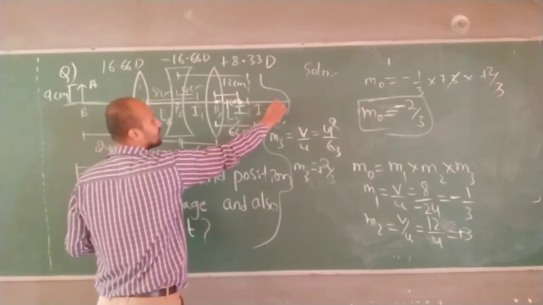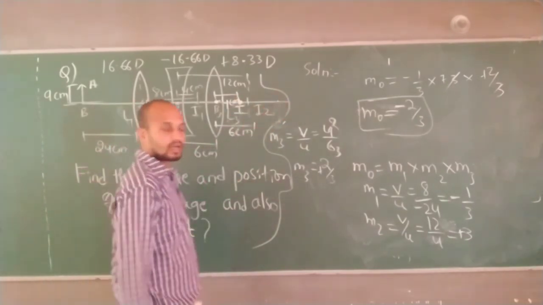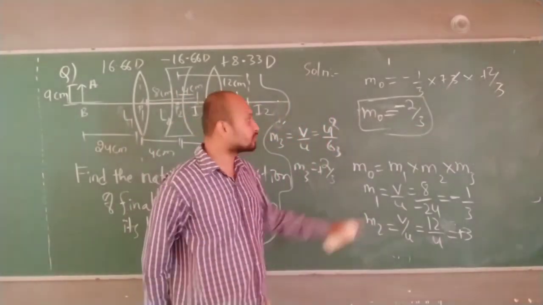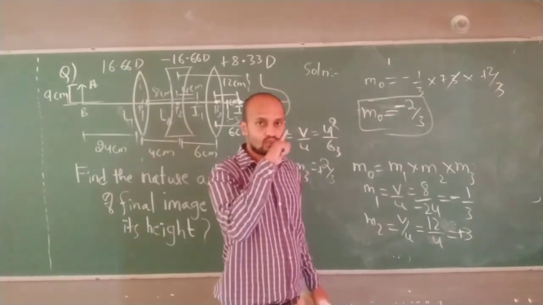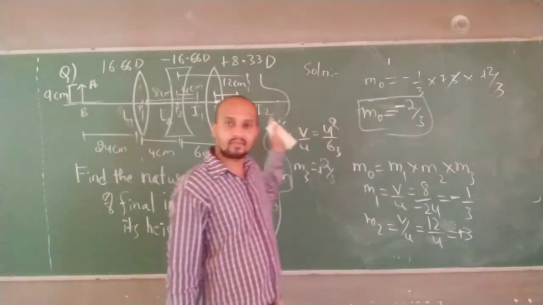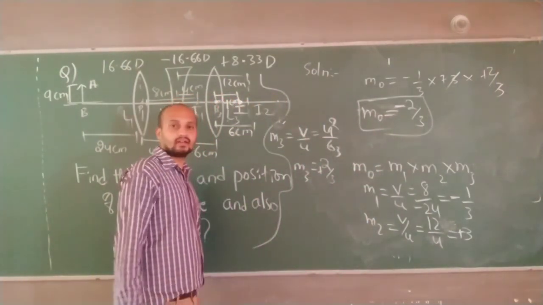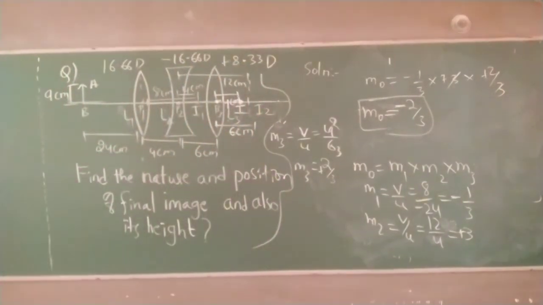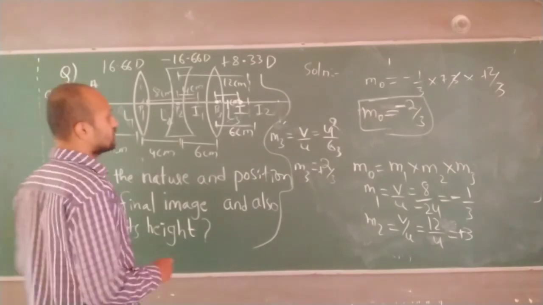At point I, the image will be inverted. Correct now? 2 by 3 indicates you got a diminished image because it is less than 1. The negative sign indicates the image is becoming inverted. This is what the magnification tells us.